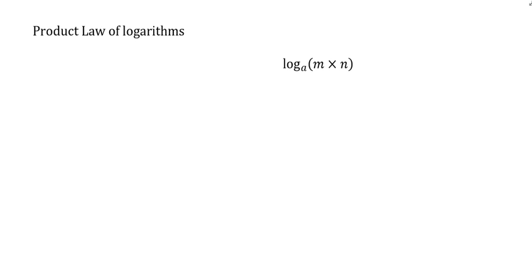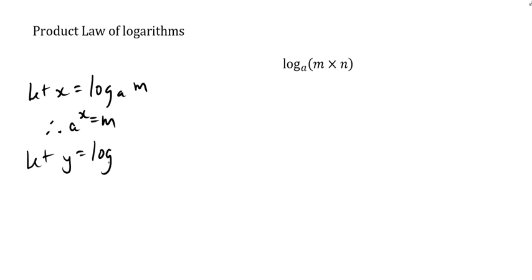So this is a neat little proof. We're going to start with let x equal log base a of m. And that means if I rearrange this, I get a to the x equals m. And let y be log to base a of n. Therefore, a to the y gives me n.